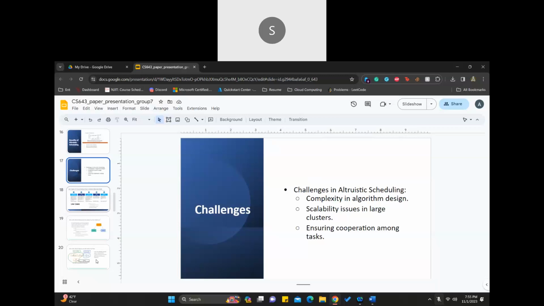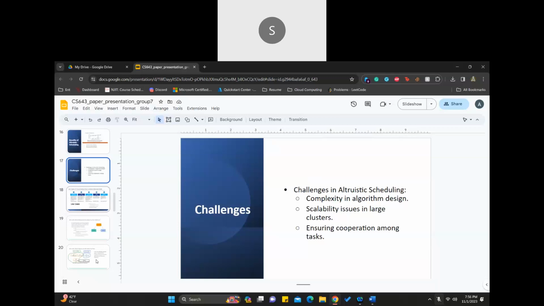Getting all the tasks to work together nicely can be tricky. It's like trying to get everyone in a big team to play well together. Those are some of the challenges we have in altruistic scheduling.